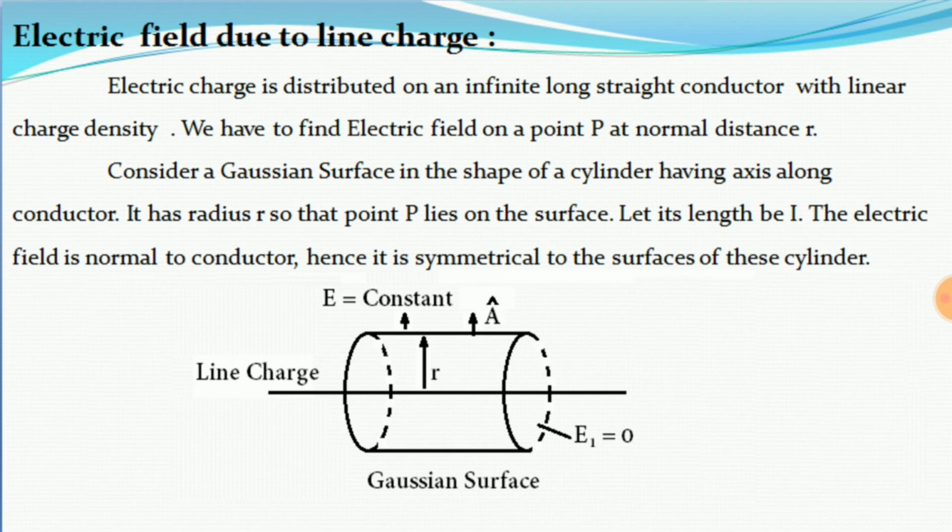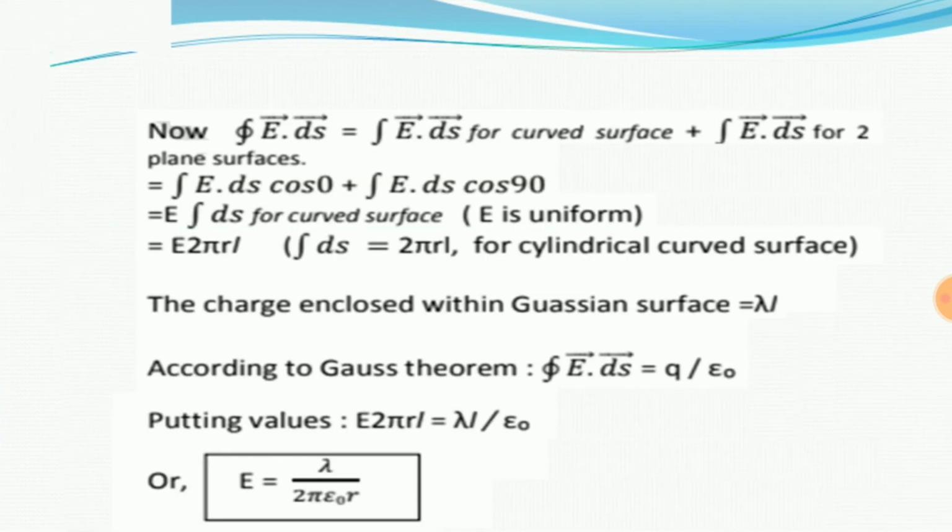So the contribution from the plane surfaces will be 0. So the total flux is E integration ds for the curved surface, and for the curved surface, which is a cylindrical surface, the value is 2 pi rL. So the total flux is E 2 pi rL.